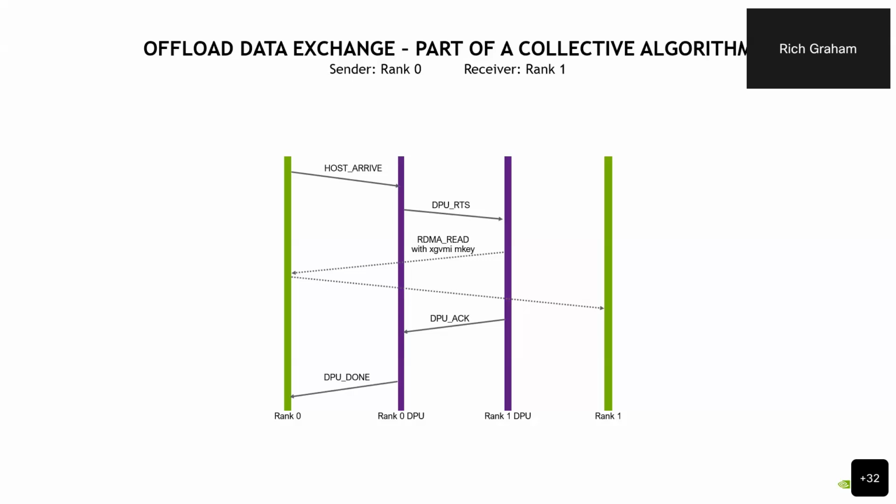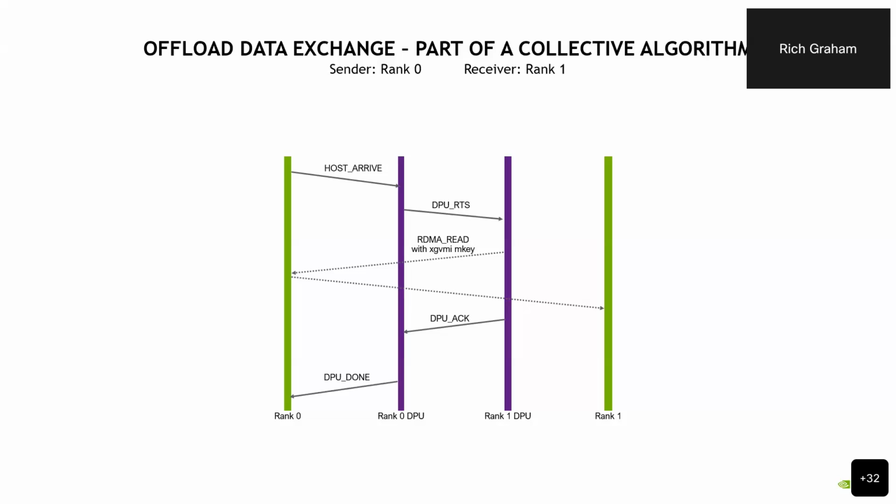Because the entity that's initiating the process is the DPU on rank 1, it will initiate the read request on behalf of rank 1, and so it will need to use the cross-GVMI memory key. So when it puts a work request to the network to make that read request, it'll use the cross-GVMI memory key that corresponds to the memory location in rank 1, and so it'll just make the read request.